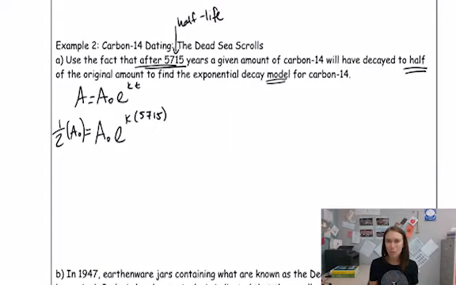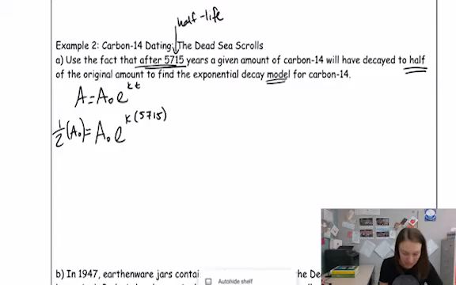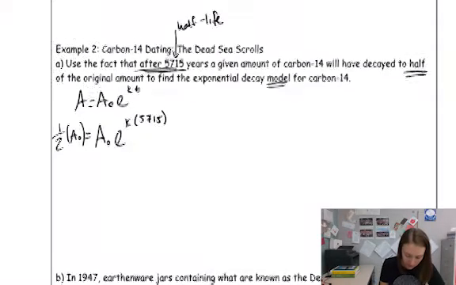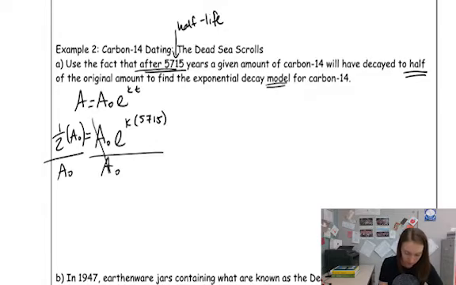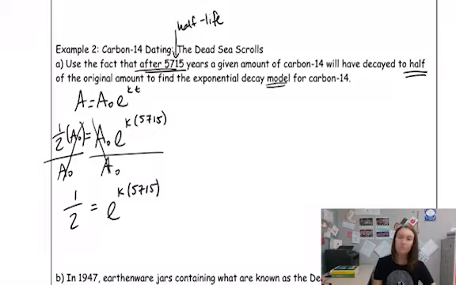We don't actually need to know what A sub 0 was, because my very first step in solving this is dividing both sides, just like we did in our last examples, by A sub 0, and it cancels out. So I end up with just 1/2 equals e to the k times 5715 power. So that's how we set this up.